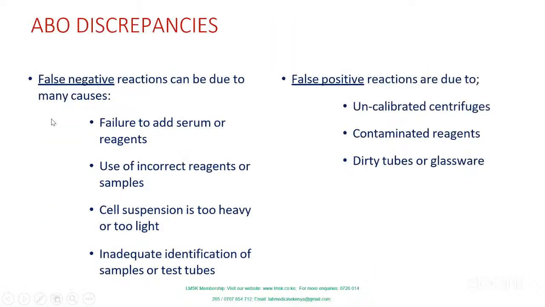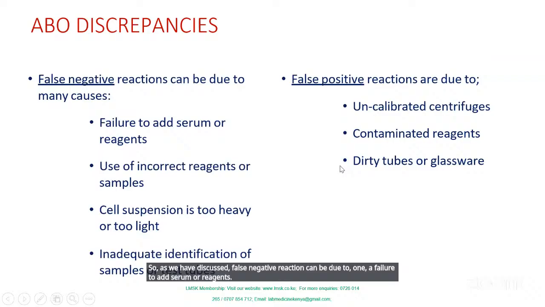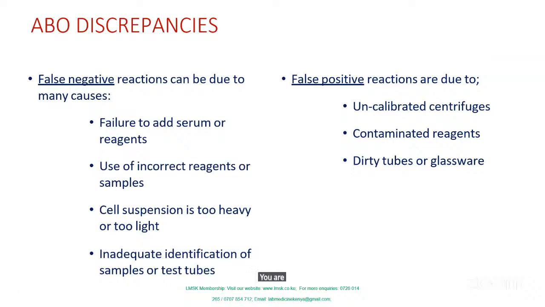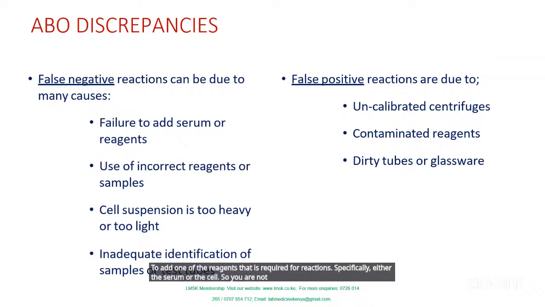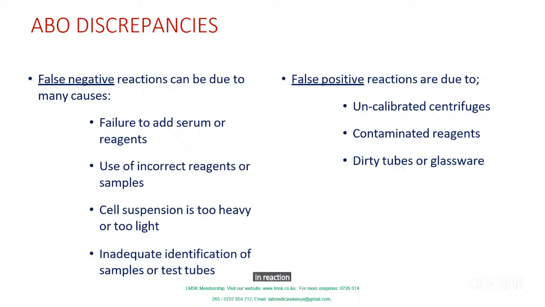So as we have discussed, false negative reaction can be due to, one, failure to add serum or reagents. You are maybe in a hurry, or you are not concentrating while doing the test, and you failed to add one of the reagents that is required for the reaction, specifically either the serum or the cell. So you are not achieving any reaction, and you are having a false negative. Two, when you use incorrect reagents or sample.